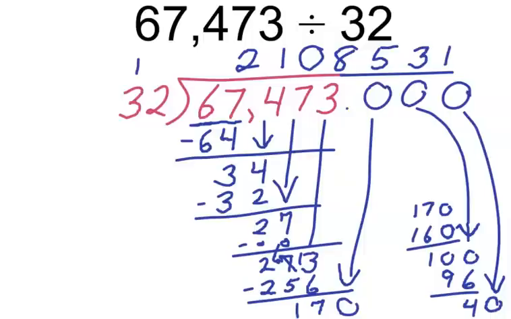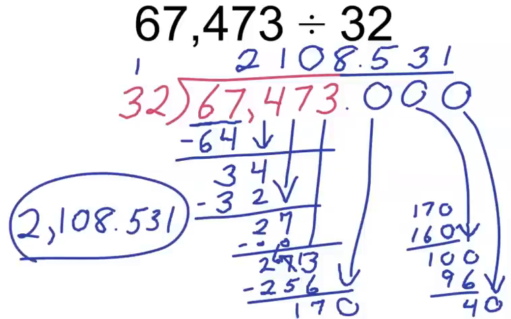Okay, so we're going to go ahead and stop there. There's the decimal. So I would say a good answer for this would be 2,108.531. So 2,108.531 would be a good answer for this particular problem.